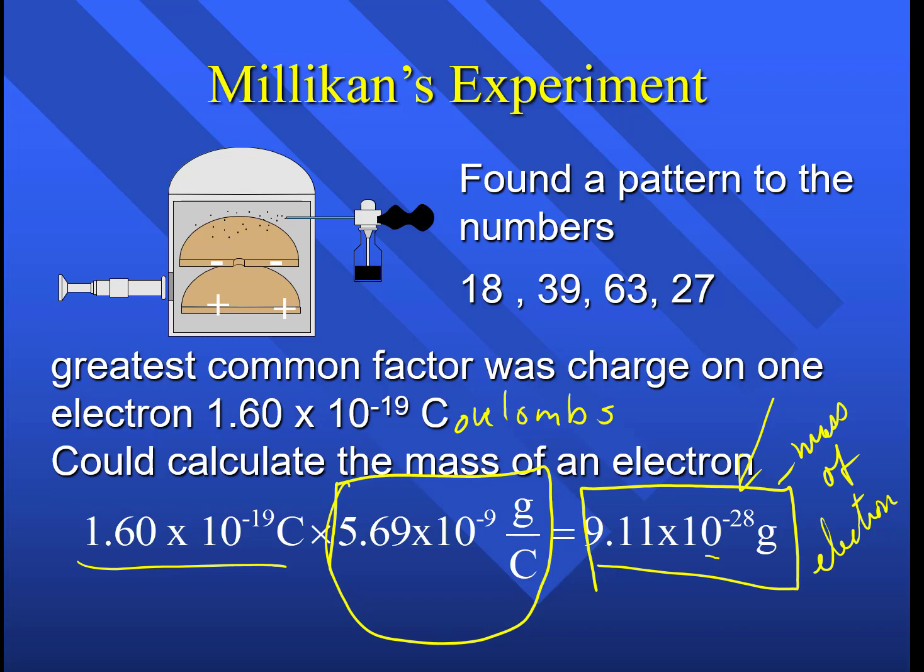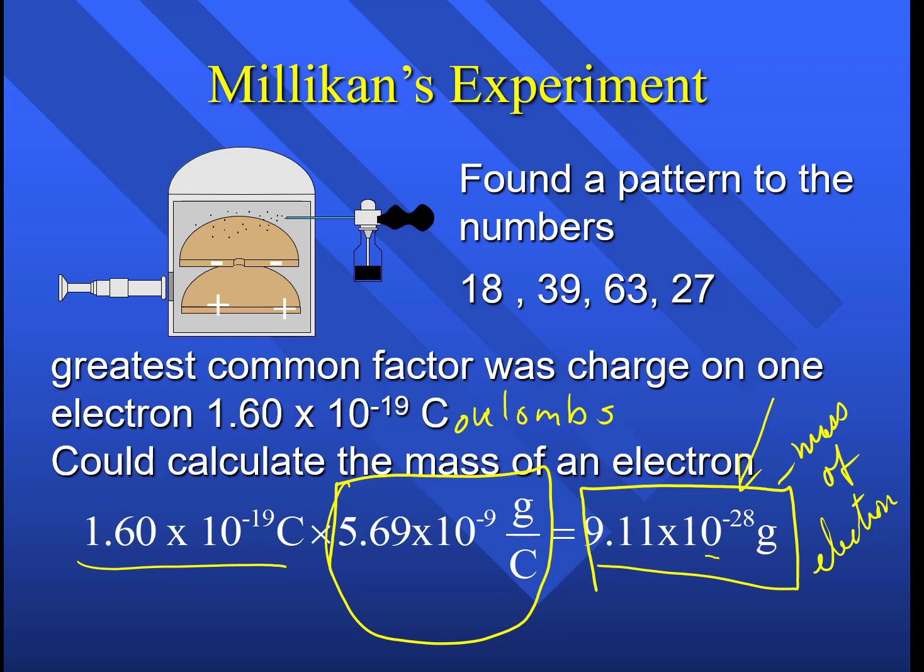If you took a paperclip and cut it into 1 billion pieces, and then took one of those billion pieces and cut it into 1 billion pieces, and then took one of those pieces and cut it into 1 billion pieces, it would still be 10 times heavier than an electron. Okay, electrons are really tiny.